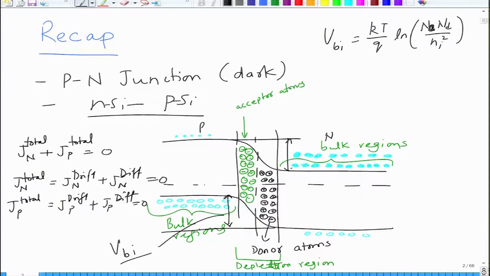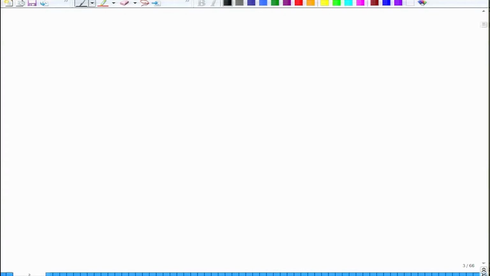Now we will look at some more aspects of the p-n junction in a little bit more quantitative manner. For example, how wide is the depletion region? That is the first question that we want to answer.